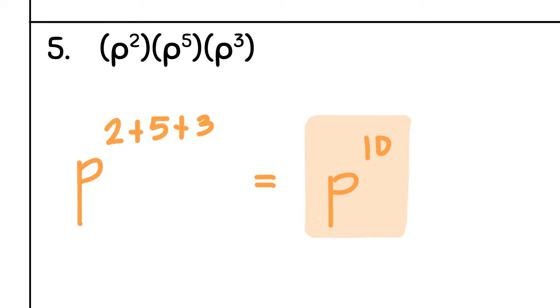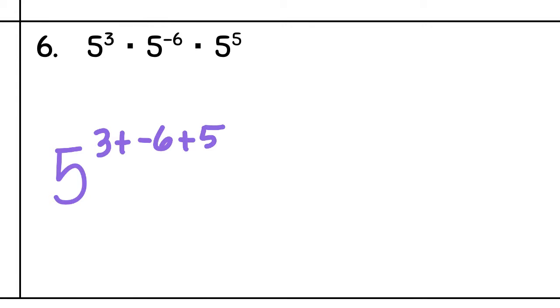Okay, let's look at our next one. So 5 to the third power times 5 to the negative 6 times 5 to the fifth power. They all have the same base of 5, and they're being multiplied. That's what the dots mean. The product property states that all I need to do is add up those exponents. So this would be 5 to the 3 plus negative 6 plus 5 power.